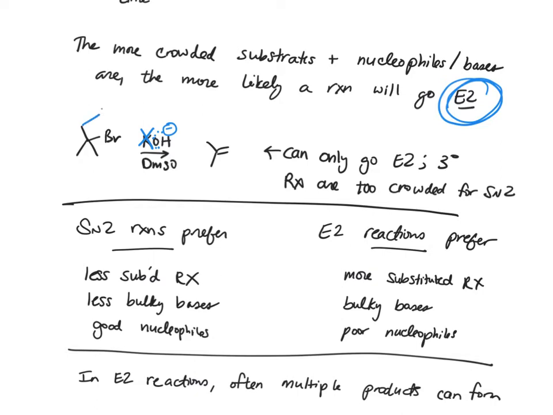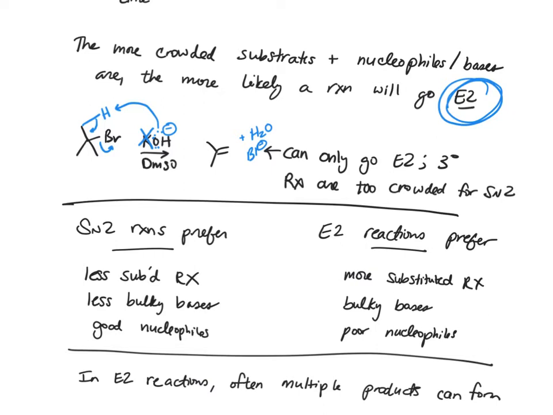Here we're looking for a beta hydrogen atom, and that undergoes a 3-step mechanism to form an alkene plus hydrobromic acid plus water and plus Br minus.